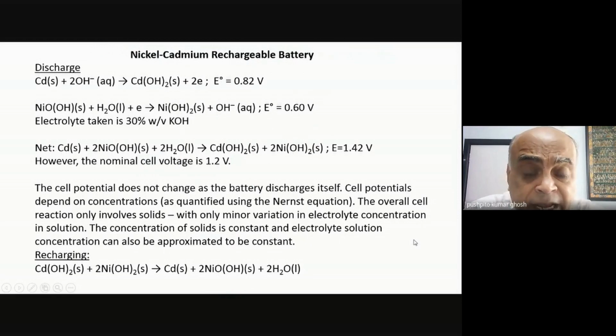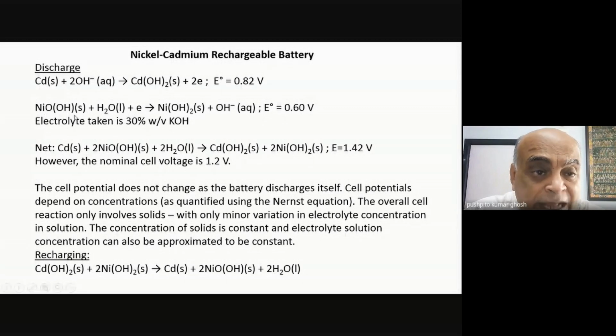Now, take another case, which is one of the most famous batteries which was developed. It was originally developed by the Europeans, and later on a variant of that, the nickel iron battery, was popularized by none other than Edison, and that was known as the Edison battery, nickel iron battery. And in this, the nickel is in a nickel +3 state.